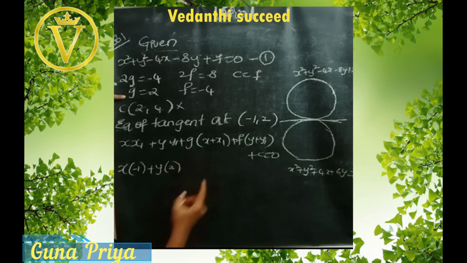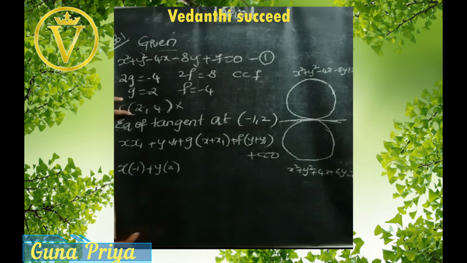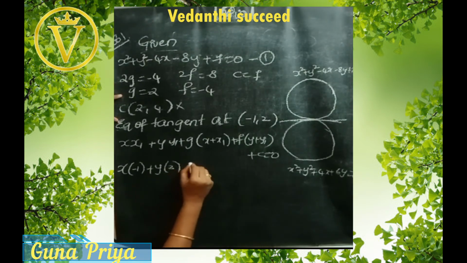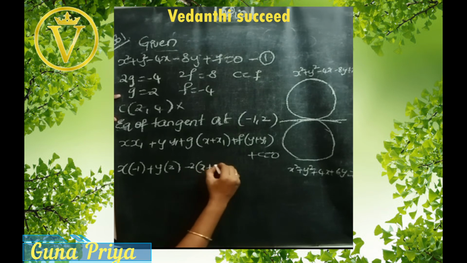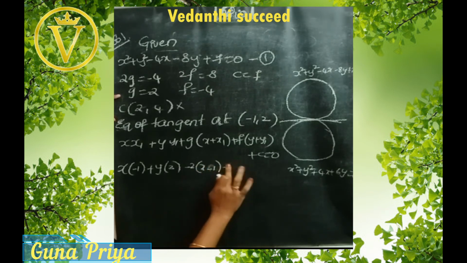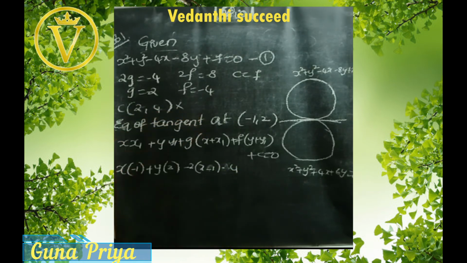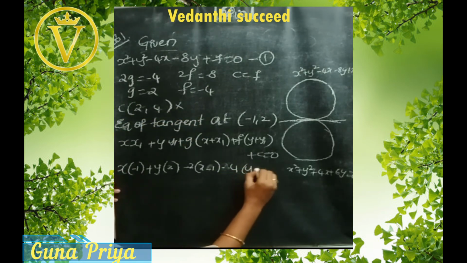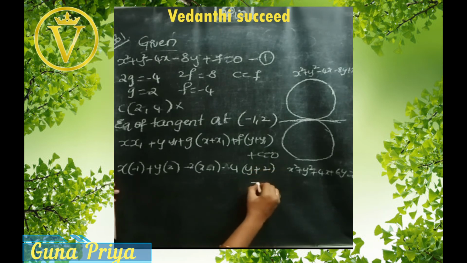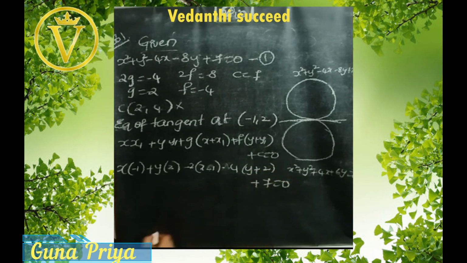What's the g value? Don't confuse and don't write this. g means -2. Many students will make a mistake here. So -4 into (x minus 1) minus 4 into (y plus 2) minus 7 equals 0.